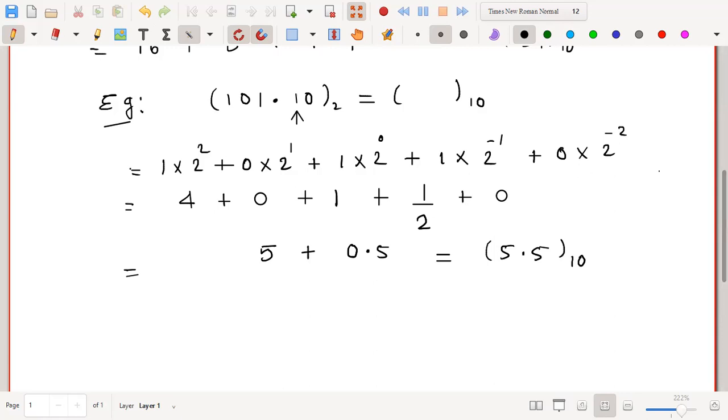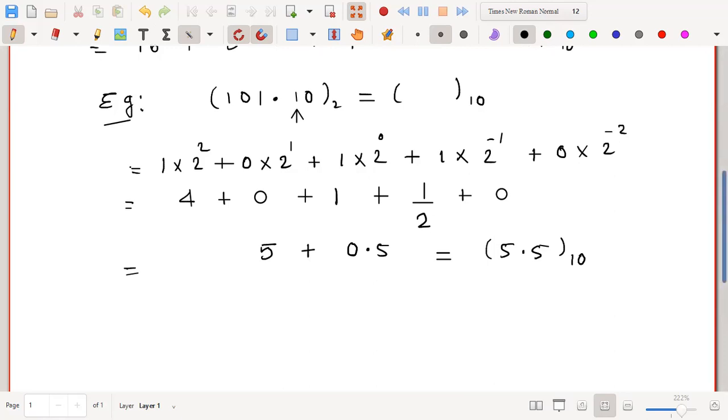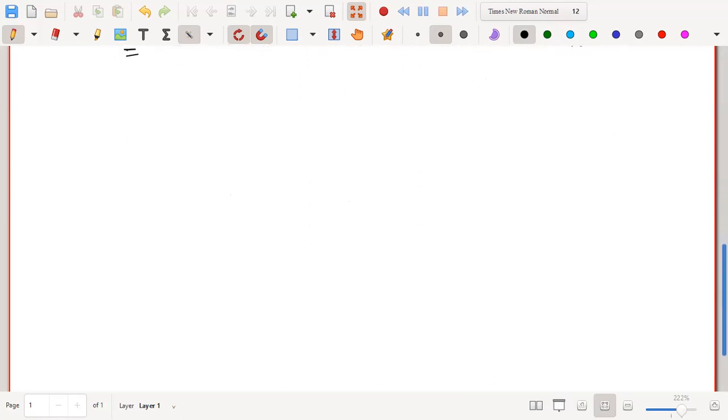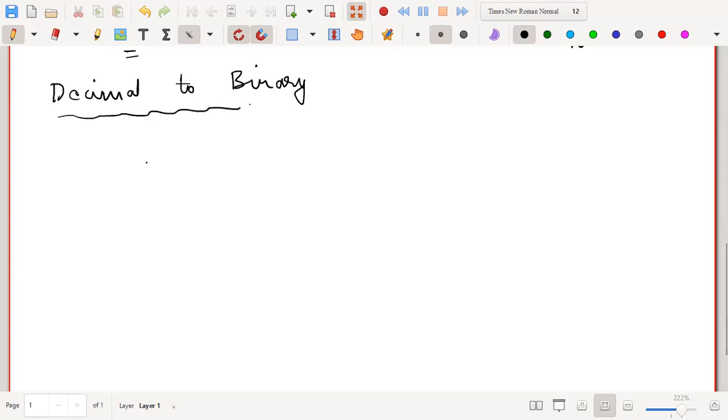Now let us go and see the conversion of decimal to binary. So the second one, we will call this the decimal to binary conversion.